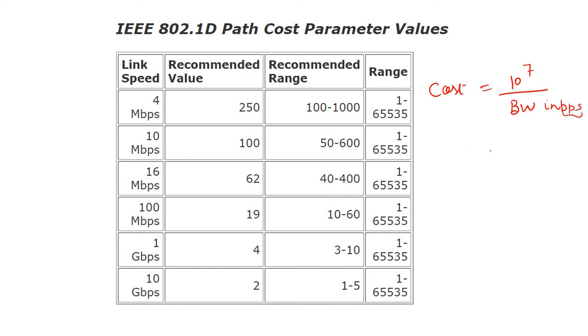If we take a link of 10 Mbps, then 10 to the power 7 over 10 Mbps, and 10 Mbps means 10 into 10 to the power 6.